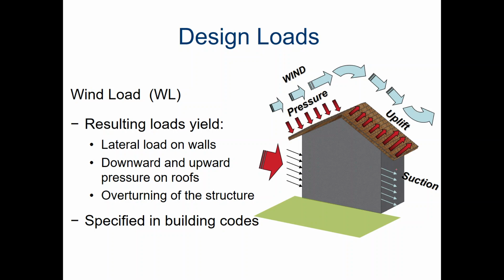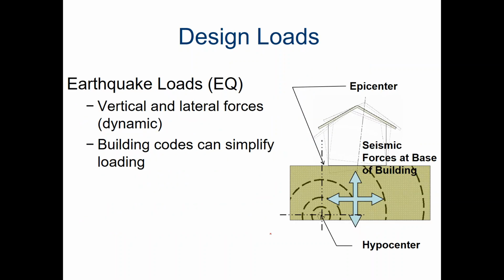There will be some suction on the other side, and there can be uplift on the roof. And so there's a lot of interesting loading situations that have to be taken into account when you're looking at the wind load. The wind load will be specified in building codes, and the wind load is unique based on your geographic location.